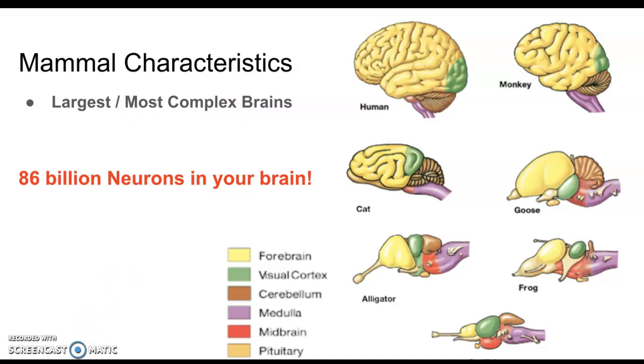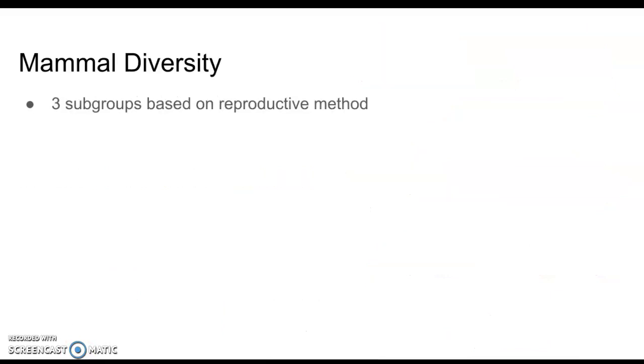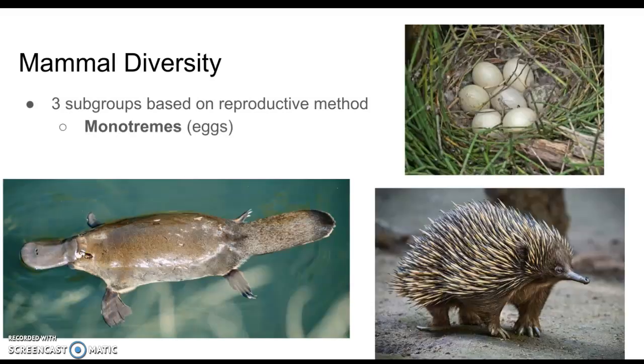All right, so there are 3 different categories of mammals, and these categories are defined by how they reproduce. Remember that we said in the original slide earlier that mammals have the baby inside the mom. Well, there's actually a subcategory of mammal where that is not true, and those are called the monotremes.